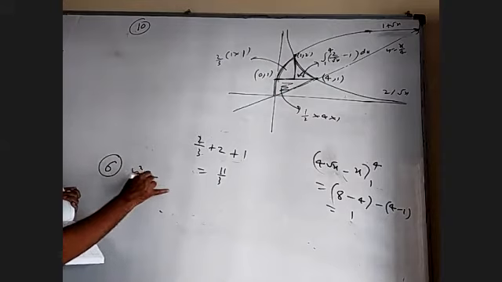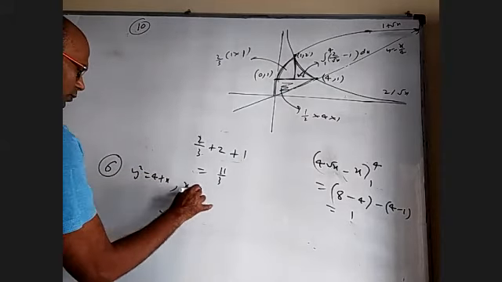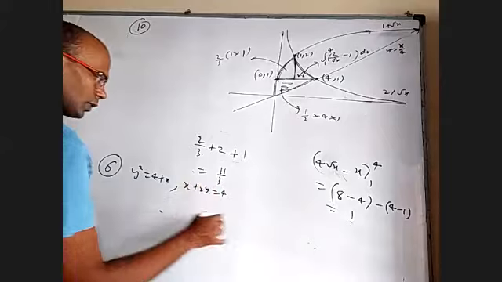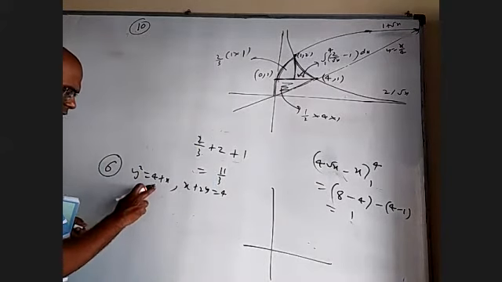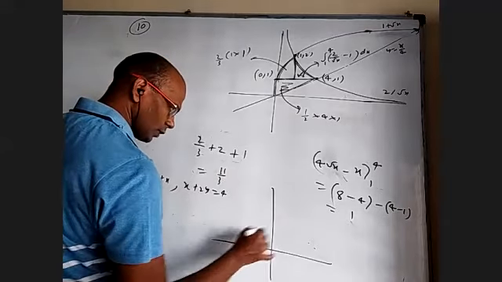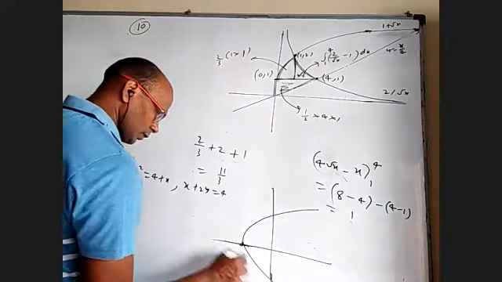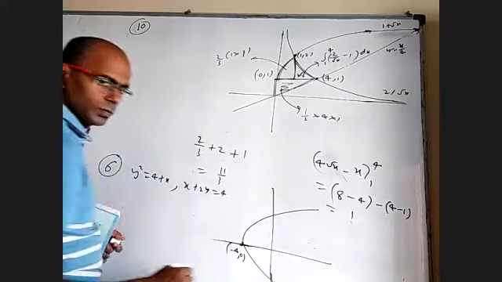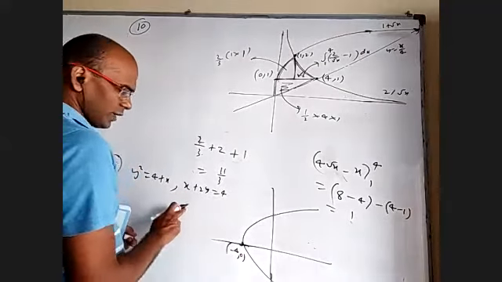y square equal to 4 plus x is a parabola and x plus 2y equal to 4. What is the figure? This is a horizontal parabola with vertex minus 4, 0 and opening towards right. So it will be like this. Minus 4, 0. This is x-intercept 4 and y-intercept 2.